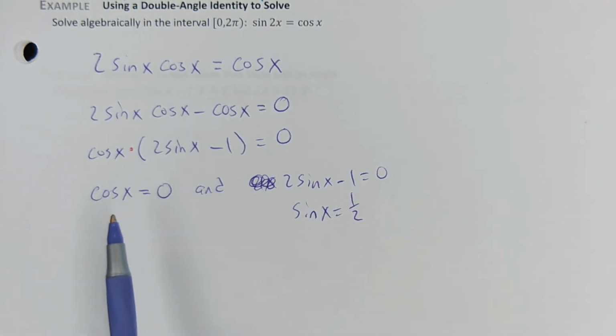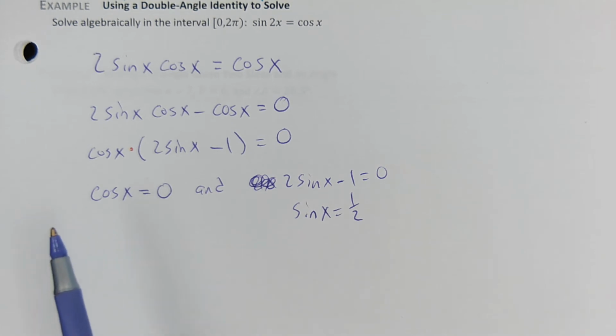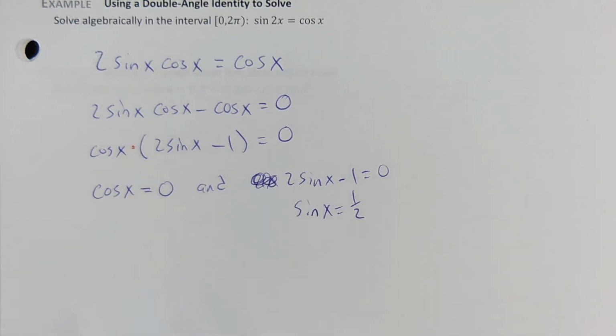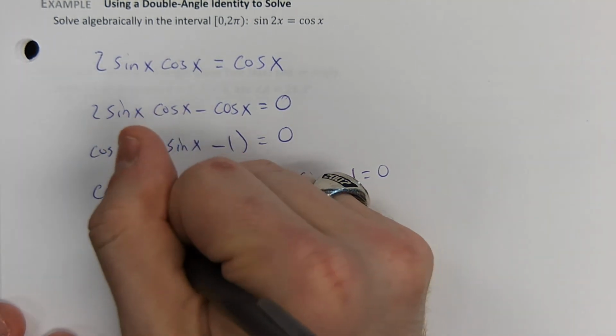Cosine is 0 when there's no x value. Because remember cosine, and not this x, the quadrantals, I mean, the coordinates. Since cosine is x over r, where on the quadrantals would the x value be 0? Someone said pi over 2, someone said on the y-axis. It's not just pi over 2, it's both times you're on the y-axis, both quadrantals that are on the y-axis.